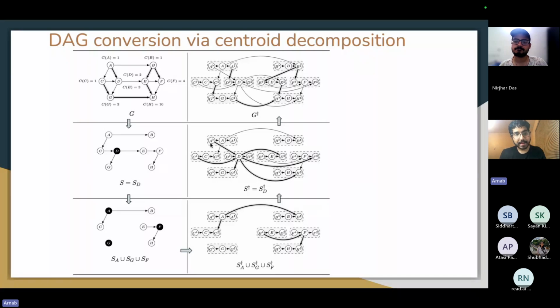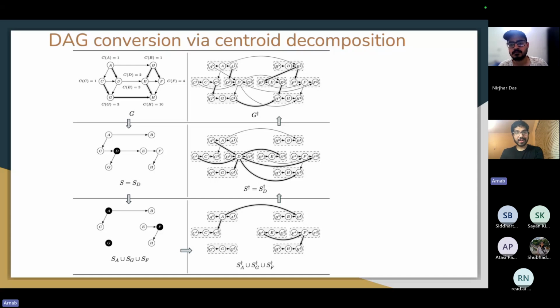So from A, we end up going to D because there is a path from A to D, and from D we end up going to, say, H. In some sense we are compressing the path length, and this can be done efficiently and in a manner that does not explode the number of edges in the graph.